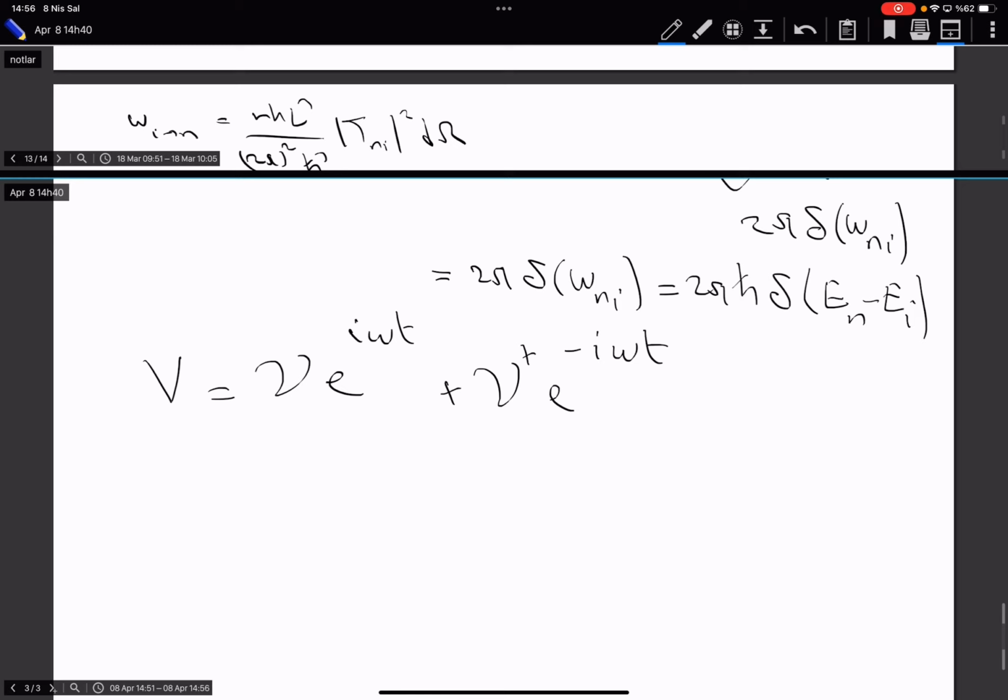And then we have seen that one of those terms describes the absorption of an energy h bar omega by the system. The other one leads to emission of an energy h bar omega by the system. So these are two examples: one is absorption, the other one is stimulated emission. You apply an external potential, you send an external photon, in a sense, if you like.